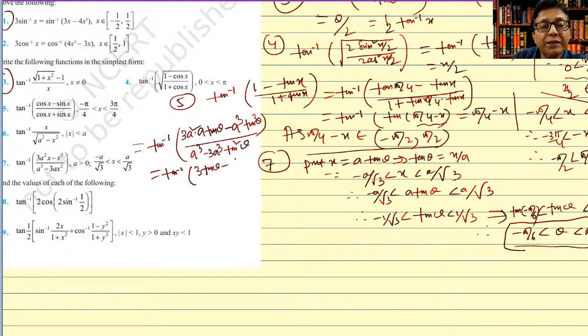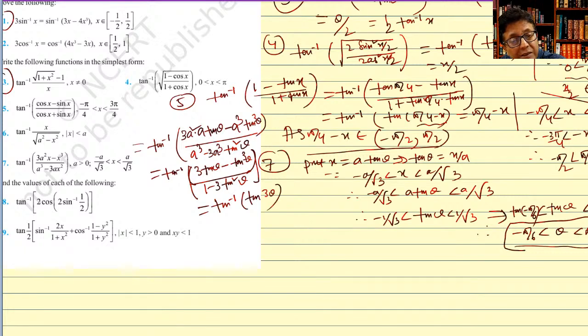This formula all of you know very well. Tan 3 theta. Question, should I write this as 3 theta?